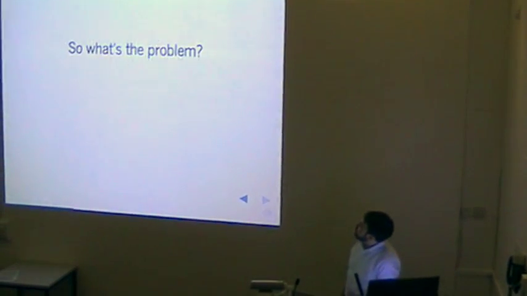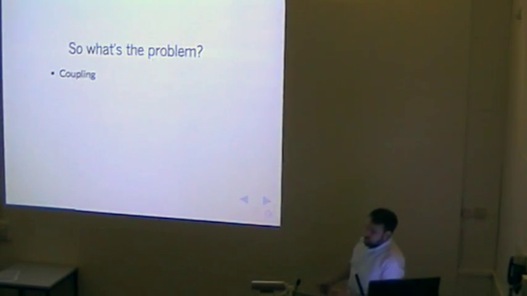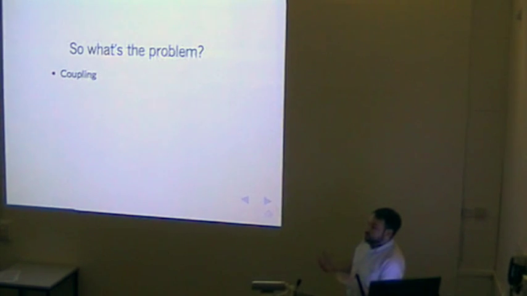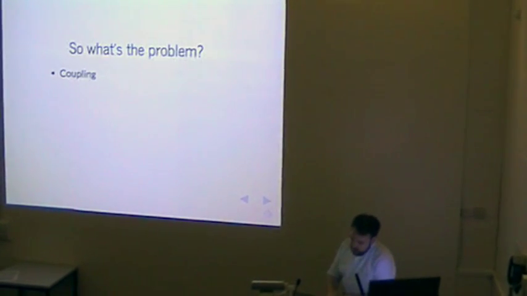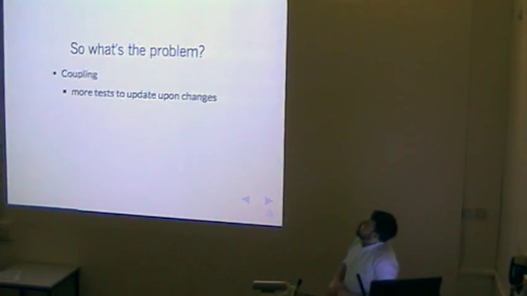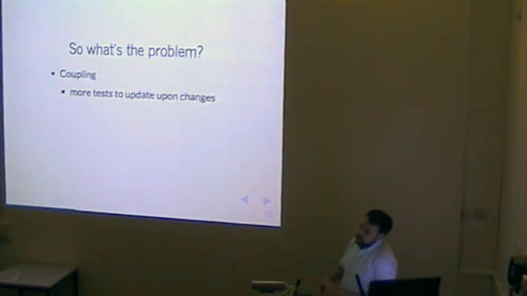Anyway, it's all fairly straightforward. What's the problem? Well, it starts to put coupling into your test suite. When you're architecting a system, you spend a lot of time trying to remove coupling from your software, and now you're putting it back in your test suite. If you change anything, you've got to update more tests.